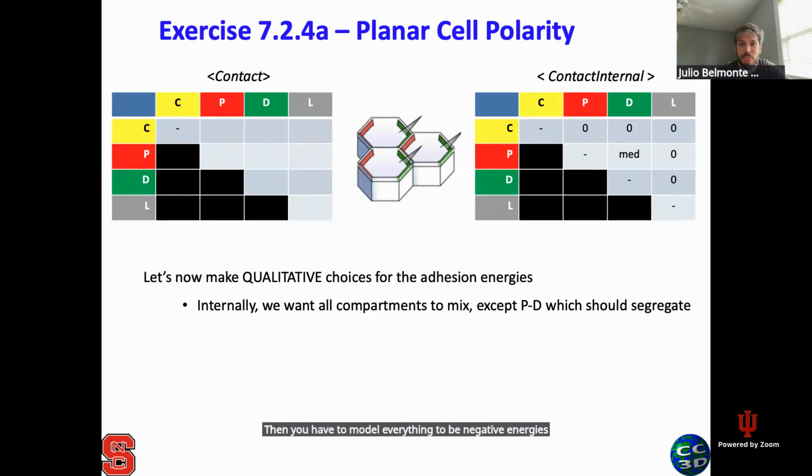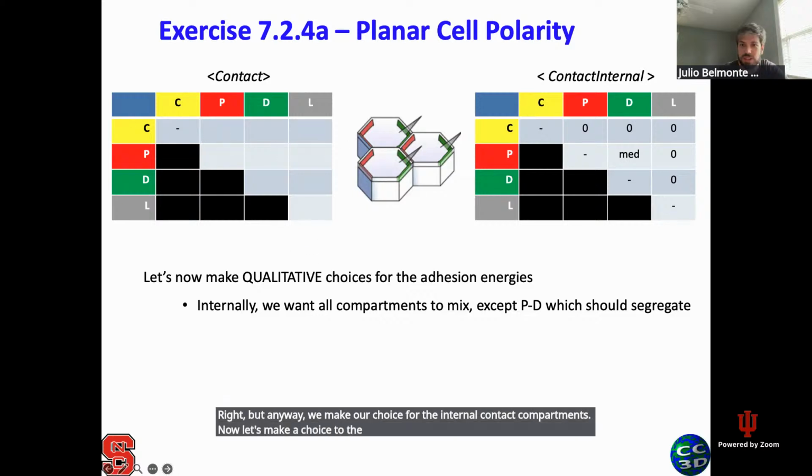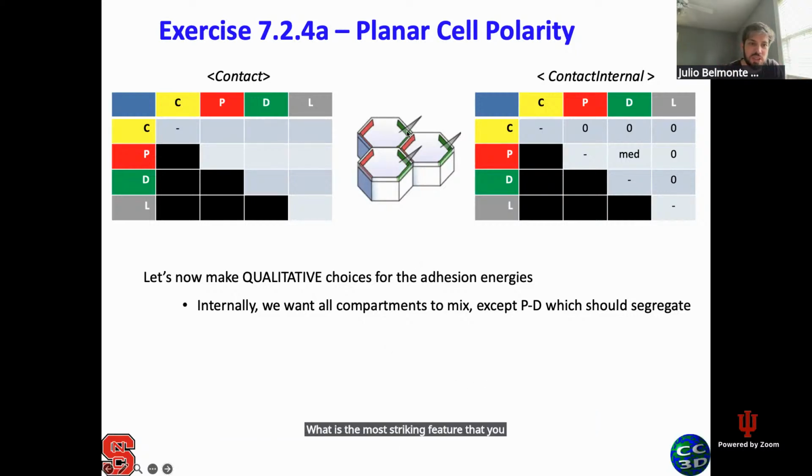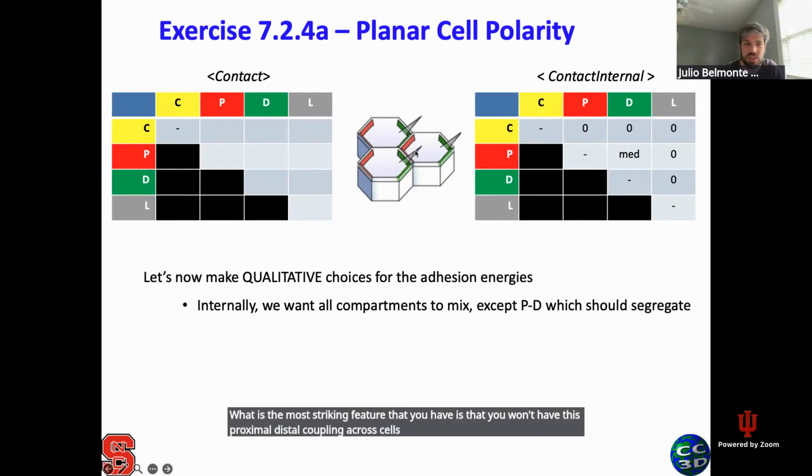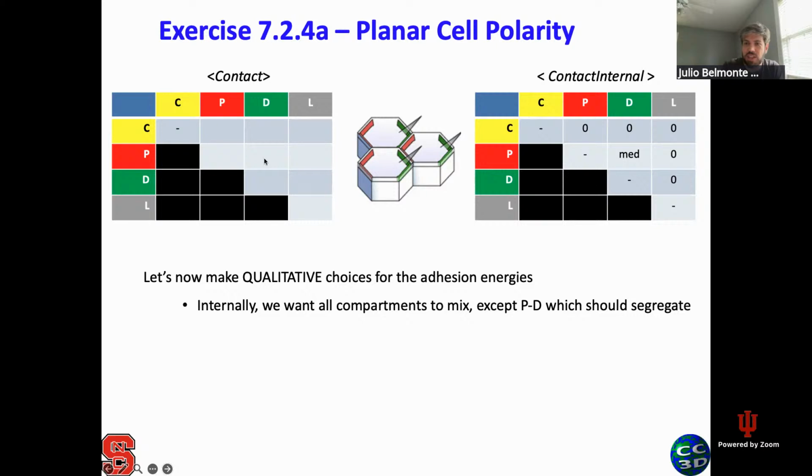Okay. Right, but anyway, we make our choice for the internal contact compartments. Now let's make the external contacts. What is the most striking feature that we have is that we want this proximal-distal coupling across cells. So what value should I use for the PD externally? Should it be negative, positive, high, or low?